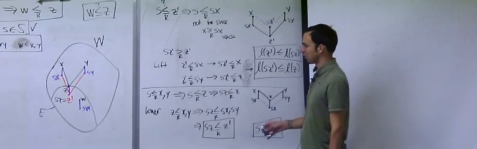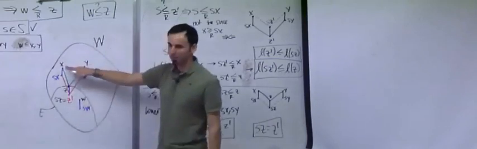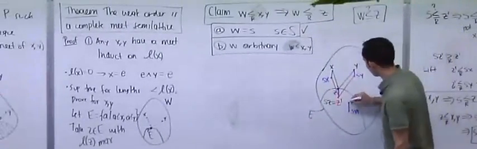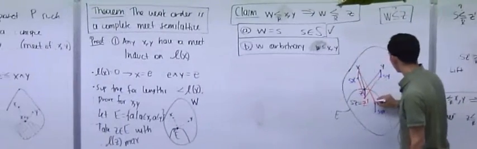But that's okay because, the thing is, I'm going to need a new color. So first of all, I know that w is less than x and w is less than y. That's by definition.